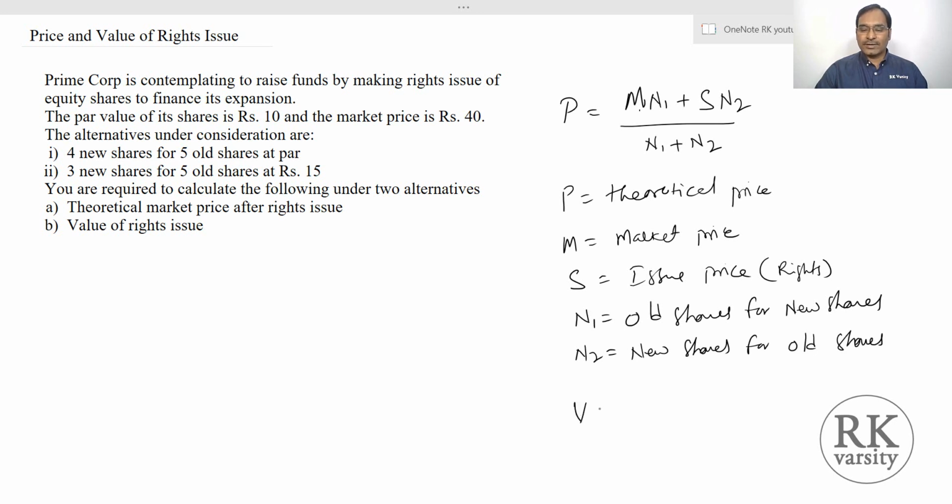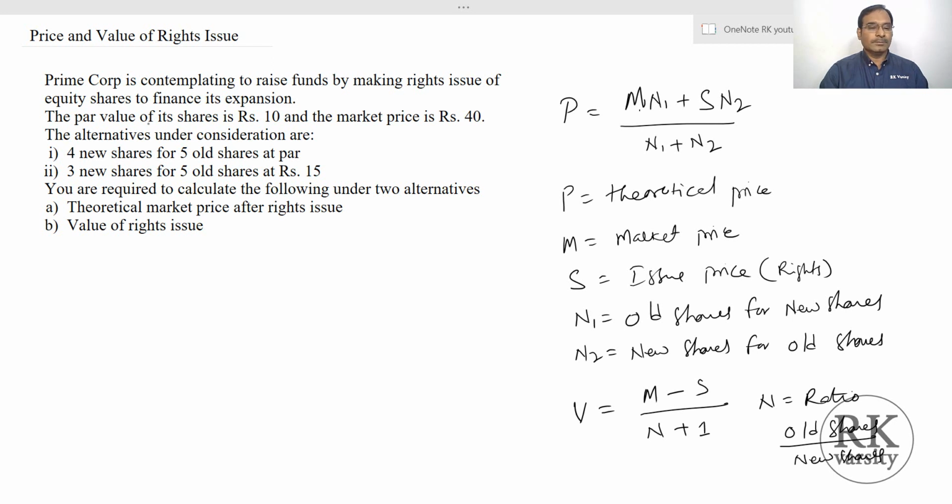Next, the value of a rights issue equals (M minus S) upon (N plus 1). Here M is the market price, S is the rights issue price, and N is the ratio of the rights issue, that means old shares upon new shares.